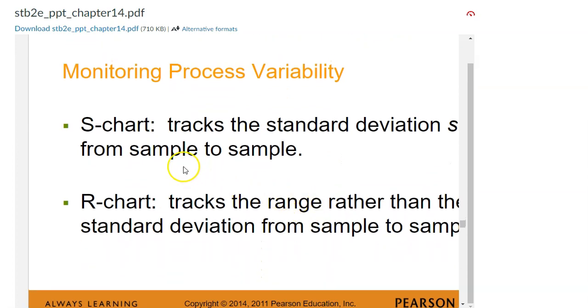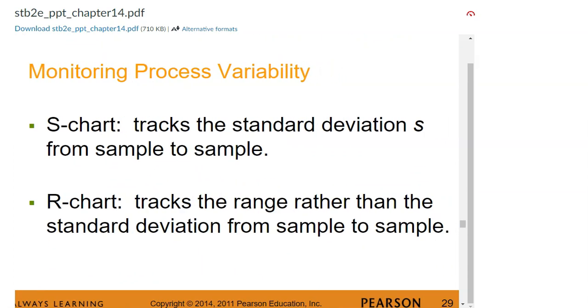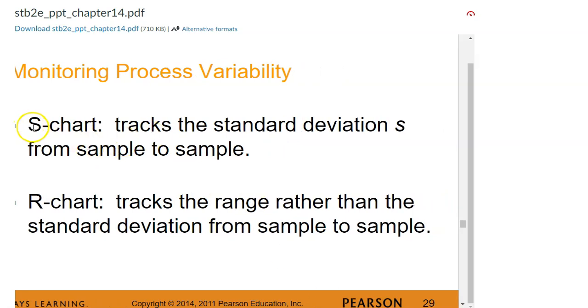Okay, so what is S chart and what is R chart? The first one you learned was the XBAR chart. This is the S chart. The S chart tracks the standard deviation S from sample to sample. So instead of showing the changes of the average, it's showing the changes of standard deviation, which shows variation.